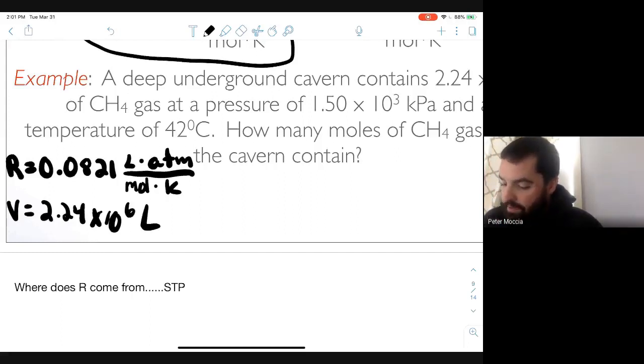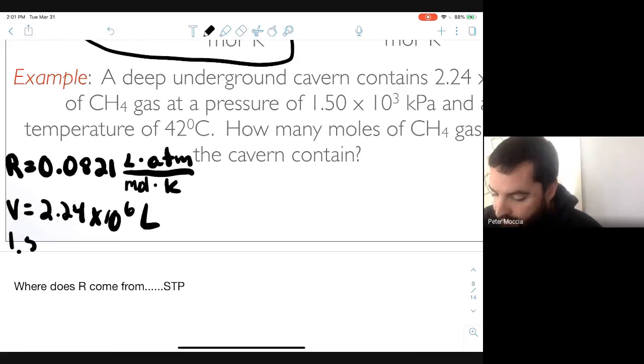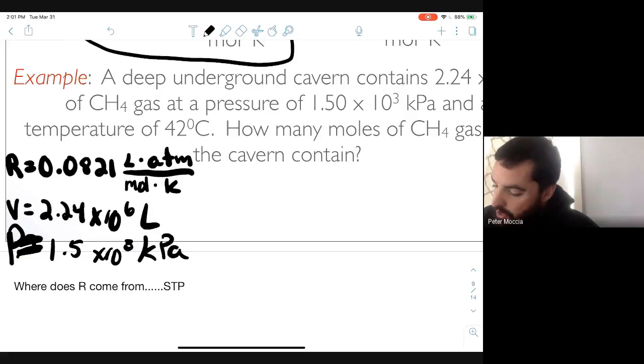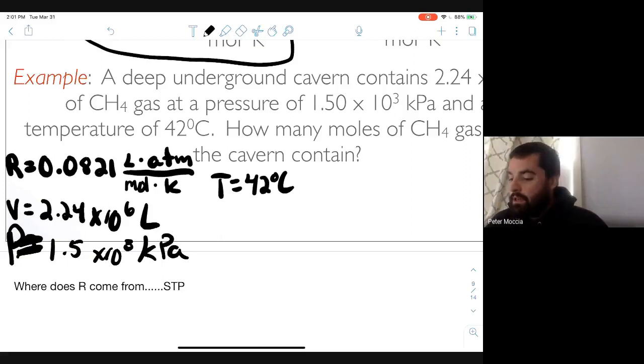Okay, the pressure is equal to 1.5 times 10 to the third kPa. All right. And then the temperature is equal to 42 degrees Celsius. We are trying to find n. n is the moles of gas.